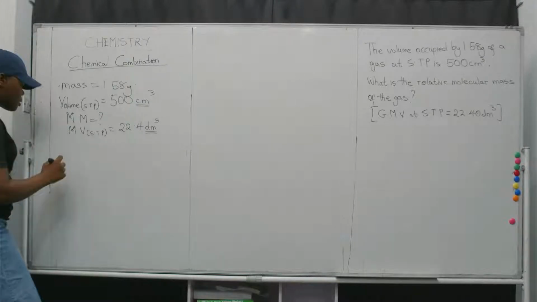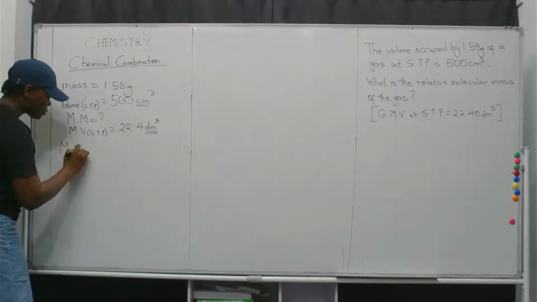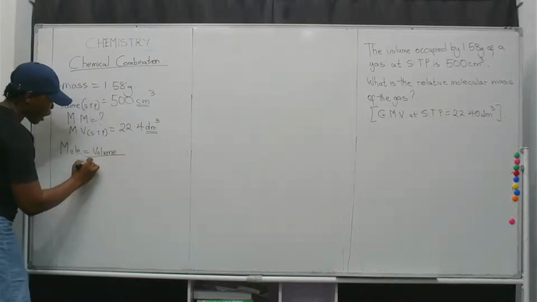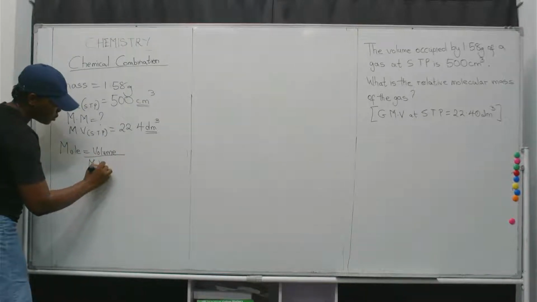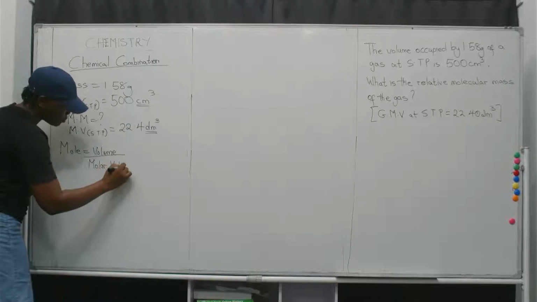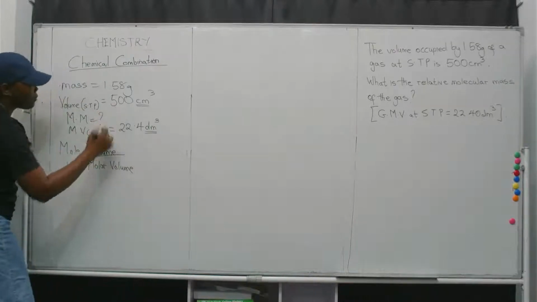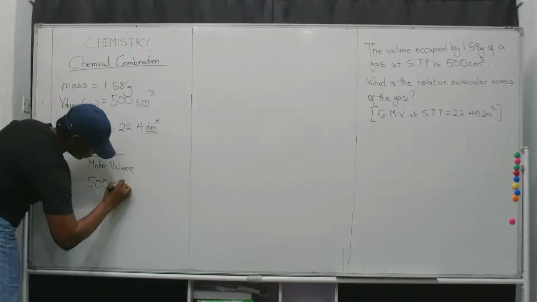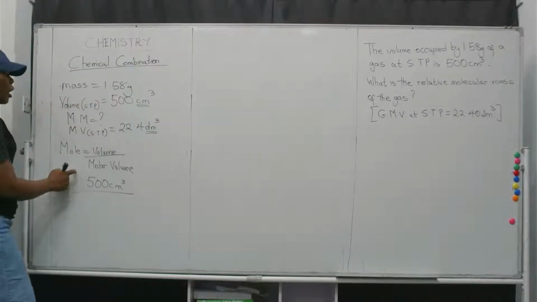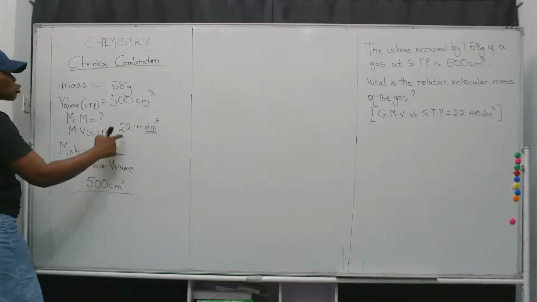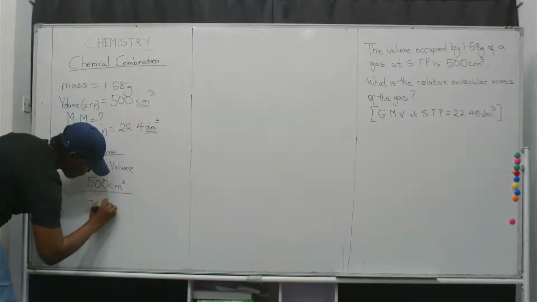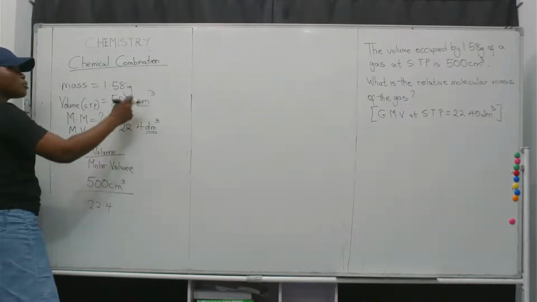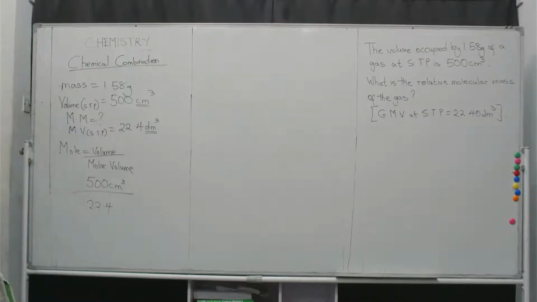So, let's do that. Mole is equal to volume over molar volume. 500 cm cube divided by molar volume. Molar volume here is 22.4, but the unit is dm cube. To convert dm cube to cm cube, you multiply by 1000.